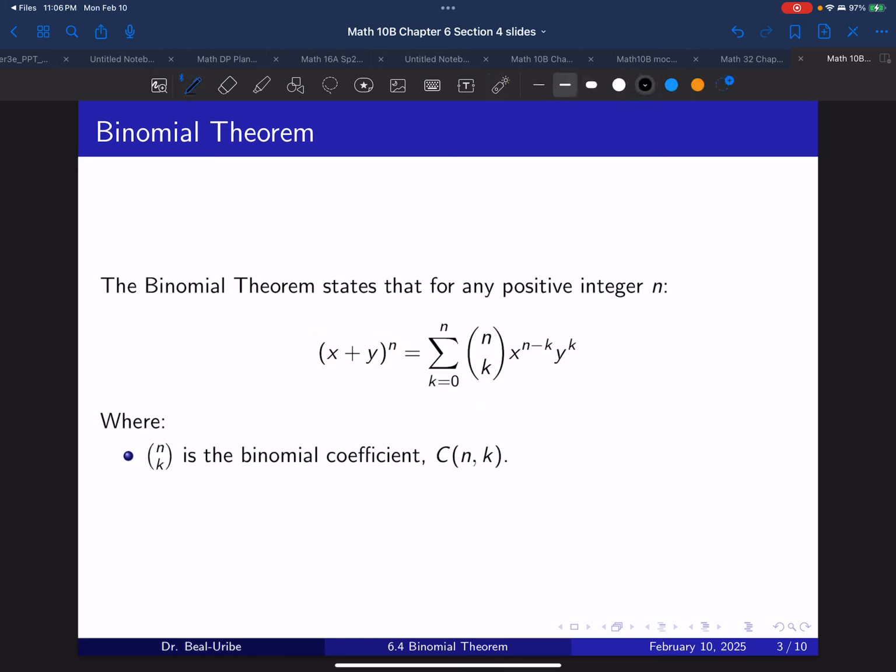So in general, if I have (x plus y) to the n, right, how do I figure out (x plus y) to the n? Well, this (x plus y) to the n is going to be a sum of strings of length n, right? And then each part of the string is either an x or a y.